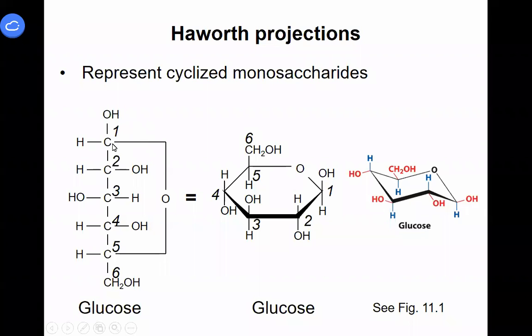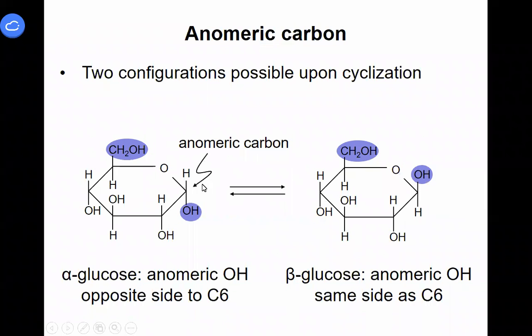So the fact is, though, that on this carbon 1 in glucose, remember, it could have an aldehyde form, C double bond O in the linear form, and now it has an OH group on it. That's the anomeric carbon, okay? And that's the general rule. Anytime you look at a Haworth projection like this, it can be helpful to identify the carbon that used to have the carbonyl on it.